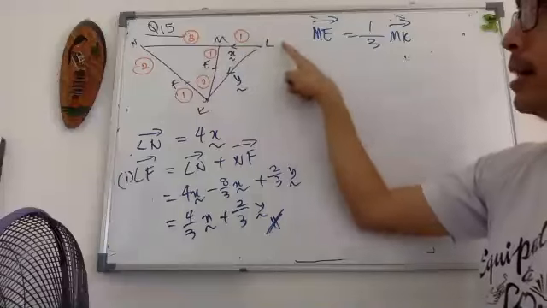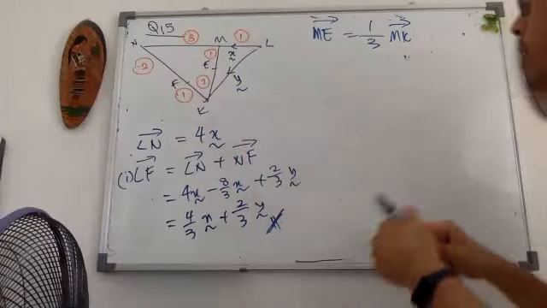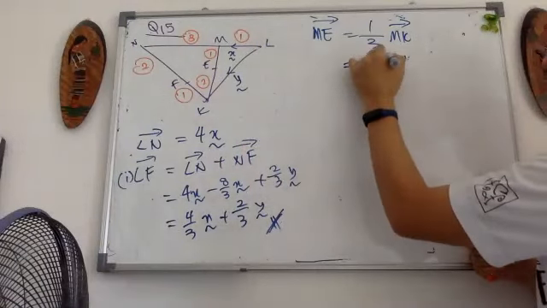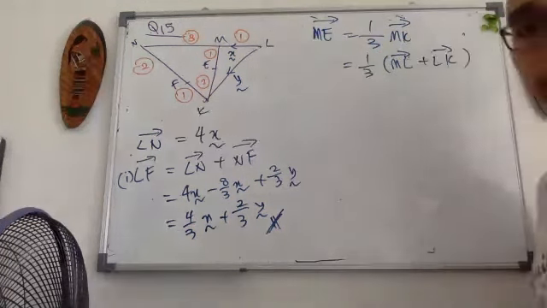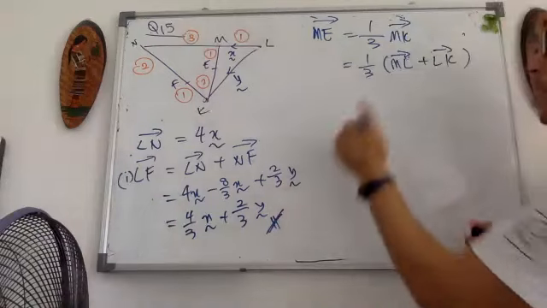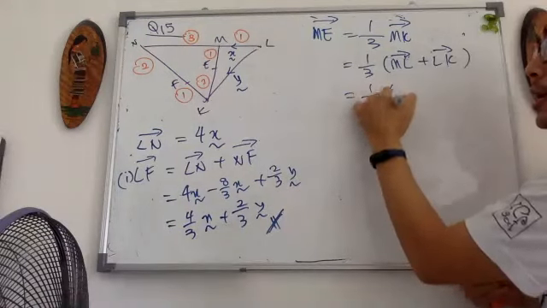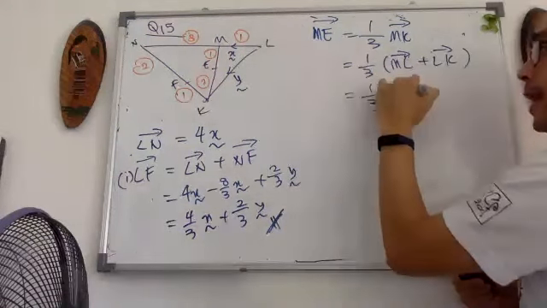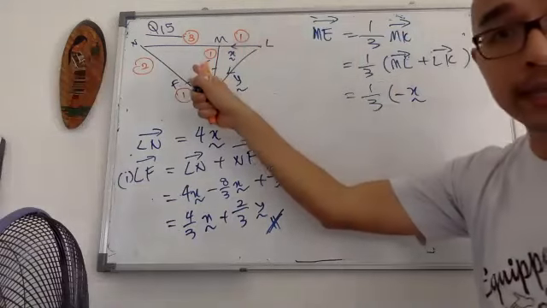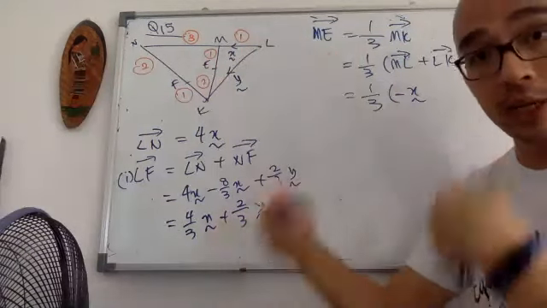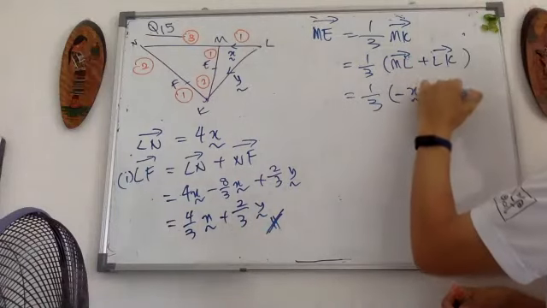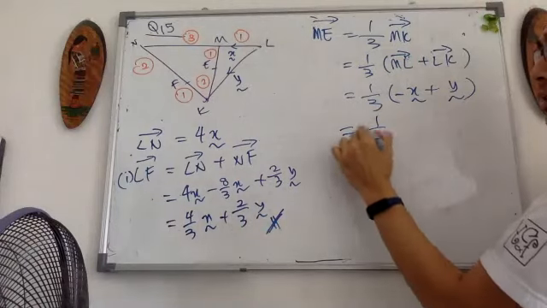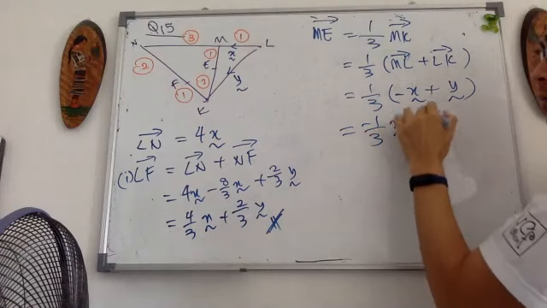MK is ML plus LK. So 1 over 3 ML plus LK. Find the pathway. So 1 over 3, ML is negative x, because L to M is x, so M to L is the other way around, minus x. Plus LK is y. So 1 over 3, negative x plus y, which is negative 1 over 3x plus 1 over 3y.